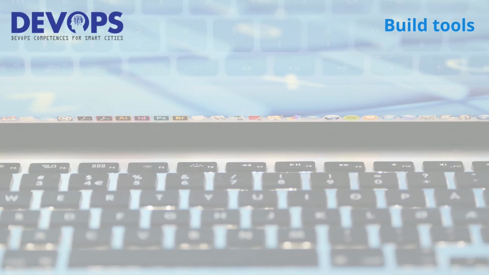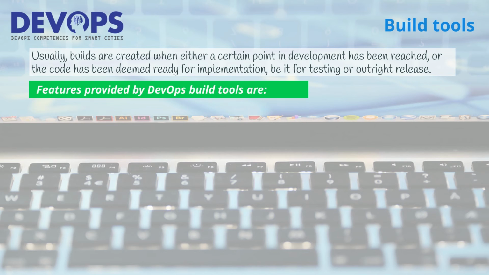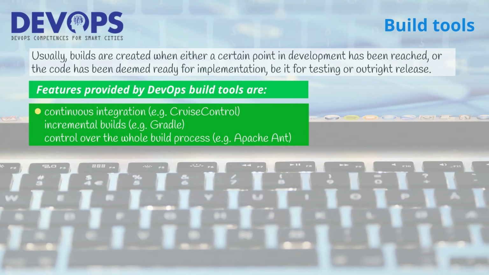Build tools. Usually, builds are created when either a certain point in development has been reached, or the code has been deemed ready for implementation, be it for testing or outright release. Features provided by DevOps build tools are: continuous integration, for example, CruiseControl. Incremental builds, for example, Gradle. Control over the whole build process, for example, Apache Ant.